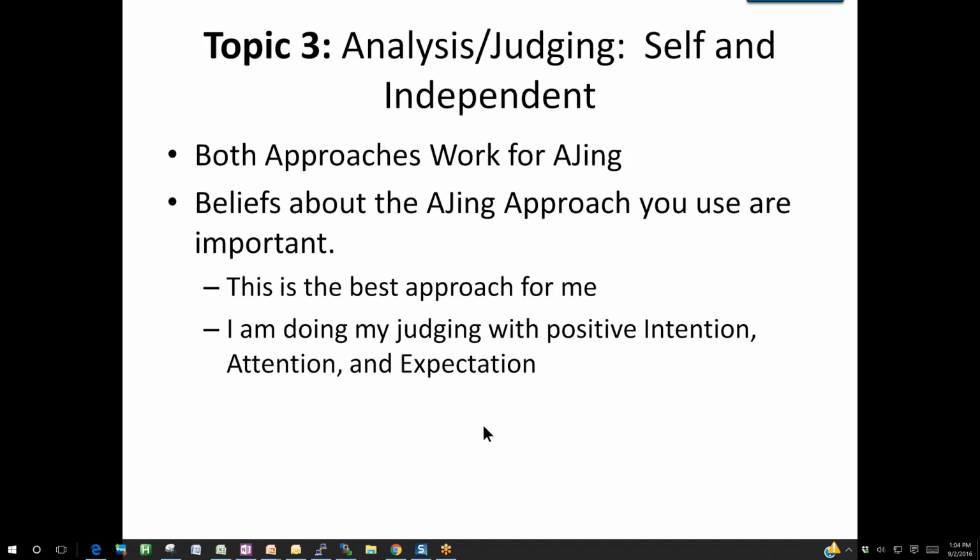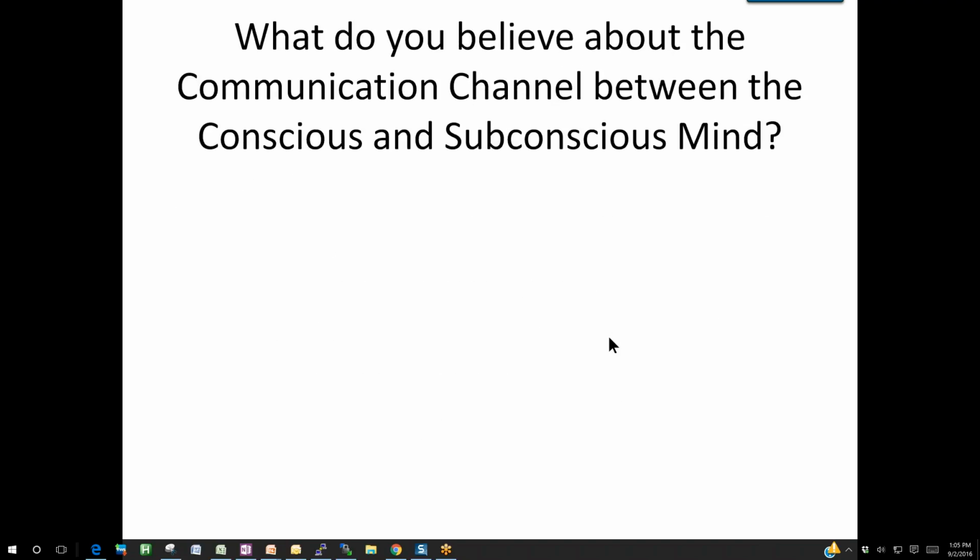It's a very important session. And you do your judging with all the same things you do everything with. So this positive intention, attention, and expectation: judges get feedback as well, and when you see your feedback, you're expecting that you did your judging well. That's all that you're trying to expect, that you did the judging well, that you didn't miss anything, et cetera, and that you'll possibly learn something from it.